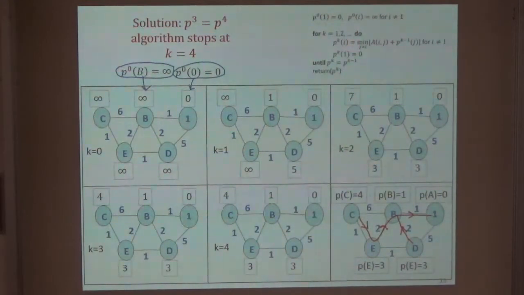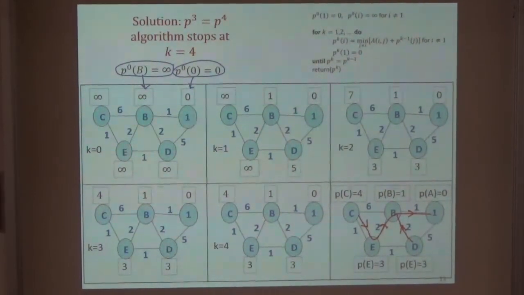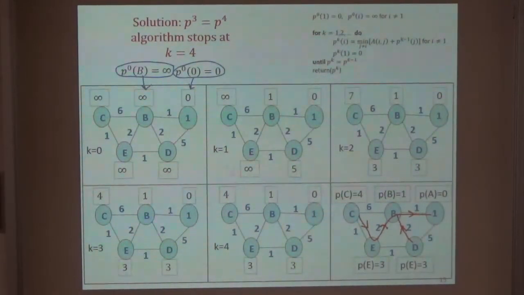We can continue the simulation. In fact, we can interpret very easily what Bellman-Ford is computing in this example. If you look carefully at the first box, k equals 0, well, that's not so interesting. If you compute k equals 1, the values have a physical interpretation. What are they? The values in the boxes, the values computed by the algorithm at round k equals 1.